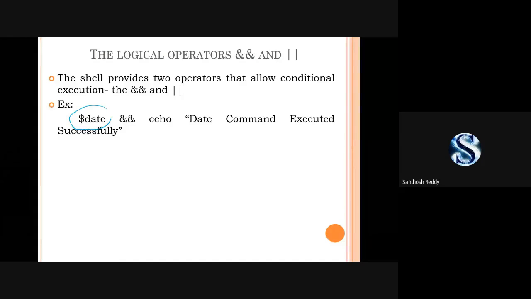Whatever the first operator we have, if that first operator is true, then the second operator works. If the first operator fails, if it was false, then the rest doesn't work.